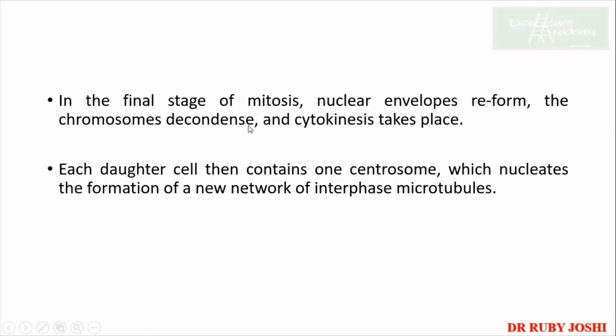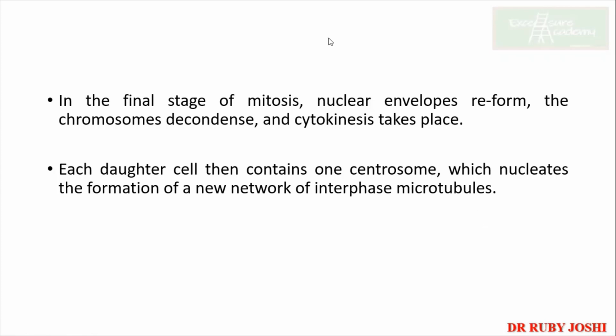In the final stage of mitosis, nuclear envelopes reform, chromosomes recondense, and cytokinesis takes place. Each daughter cell at the end contains one centrosome, which nucleates the formation of a new network of interphase microtubules.